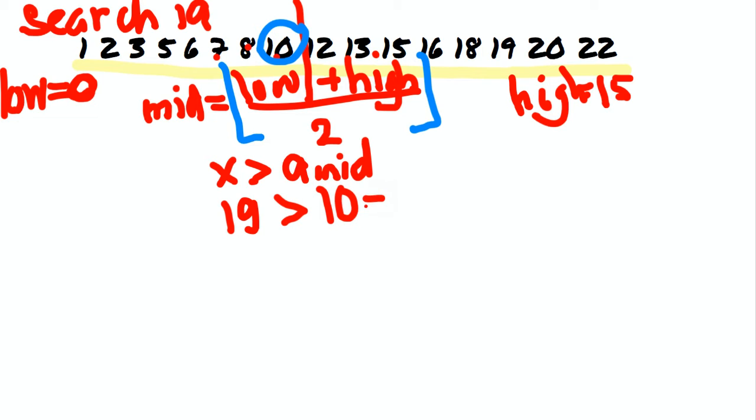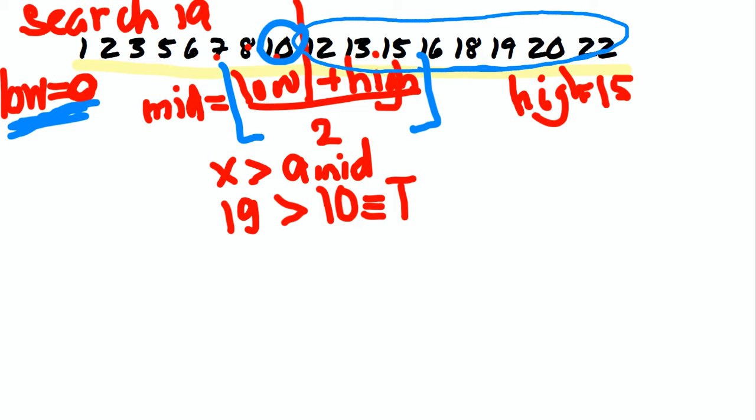In this case, that is true. Then we have to abandon the first half and focus on the upper half. The way we're going to do that is by updating the index. If you're assuming an array, in particular we have to update the low index, so that it chooses this upper half.